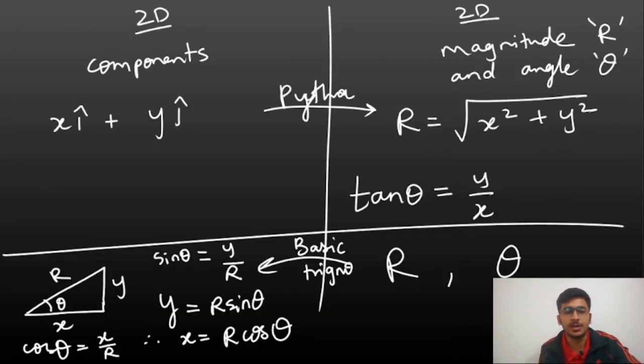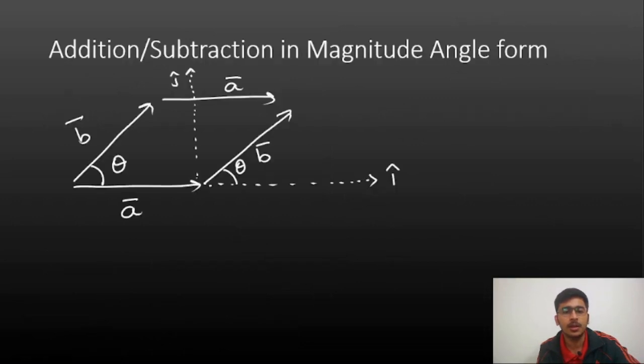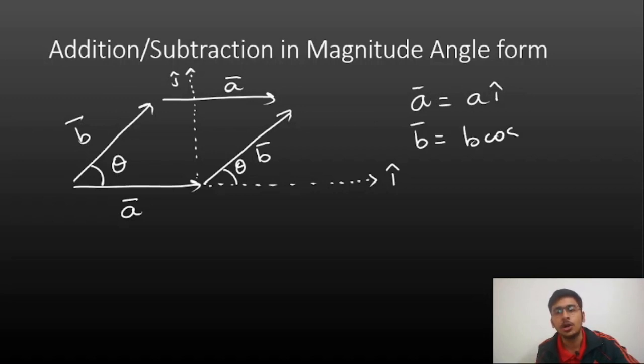Like we had split it here, y was r sin theta, x was r cos theta. I'll do the same thing here. I can write A vector simply as A I cap, but for B vector I can split it into two components. I can write B cos theta I cap plus B sin theta j cap, correct? You can split it into two components.